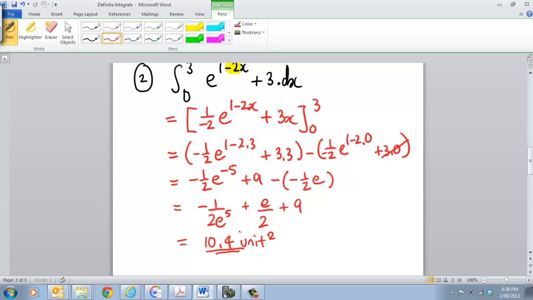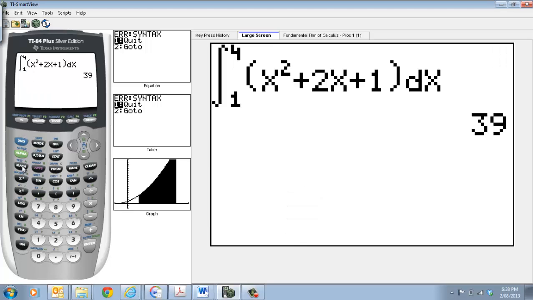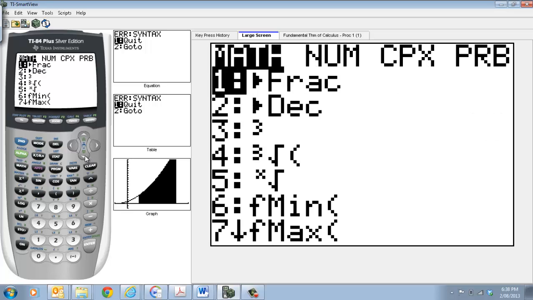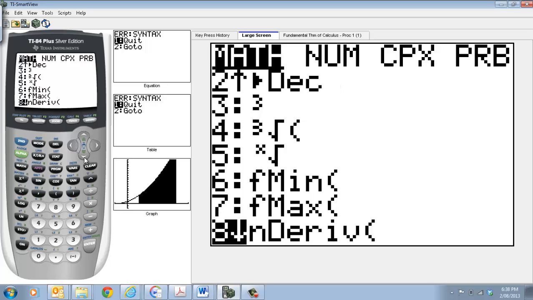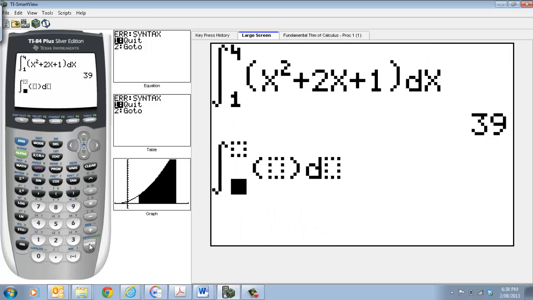Here's my answer there. Now, obviously the other way of doing it on your calculator is in fact going to your math button. So if I quit out of there and I go to my math button, coming down. Now, if you remember what the number is, you can go straight to it. So you can type in math 9 and that will bring this up. So int. So remember going from 0, using up arrow going to 3.